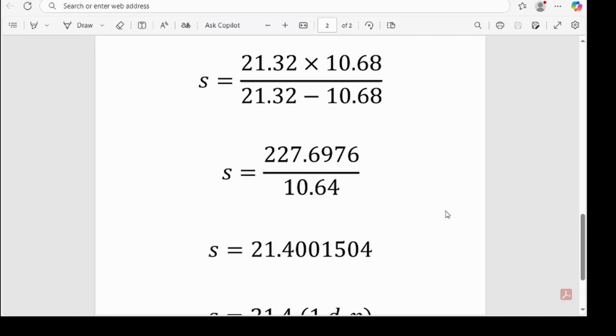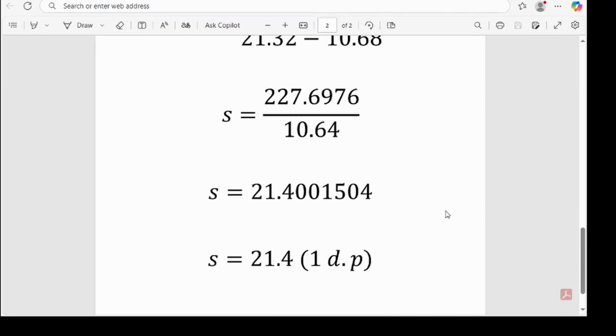So s is going to be 21.4001504, and placing our answer into one decimal place is going to give us s equals 21.4.